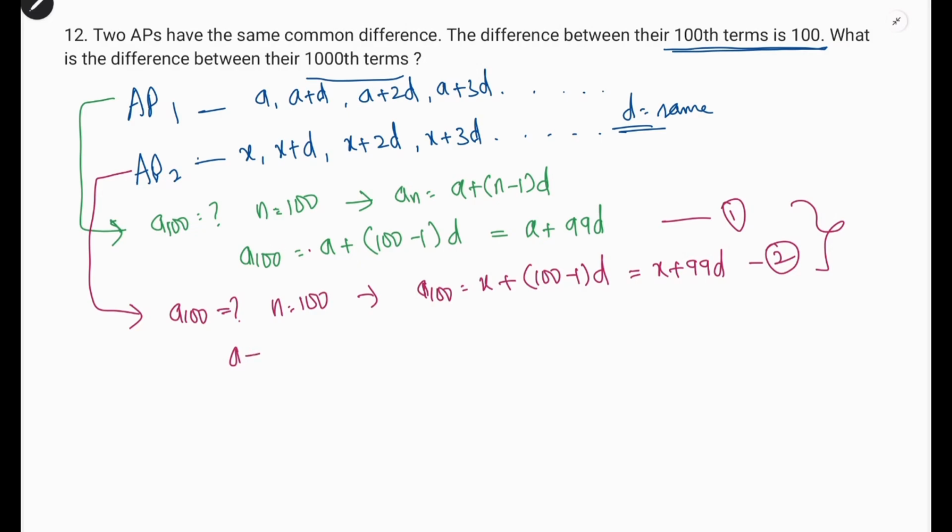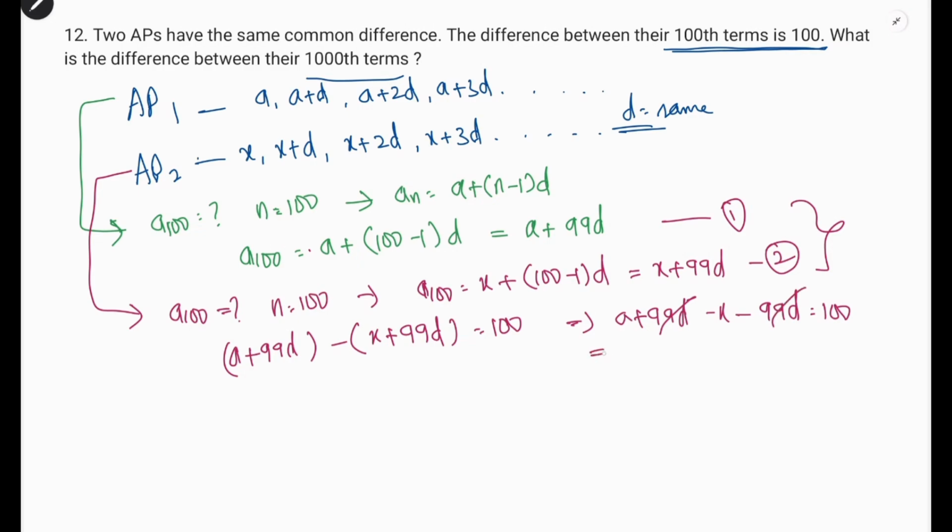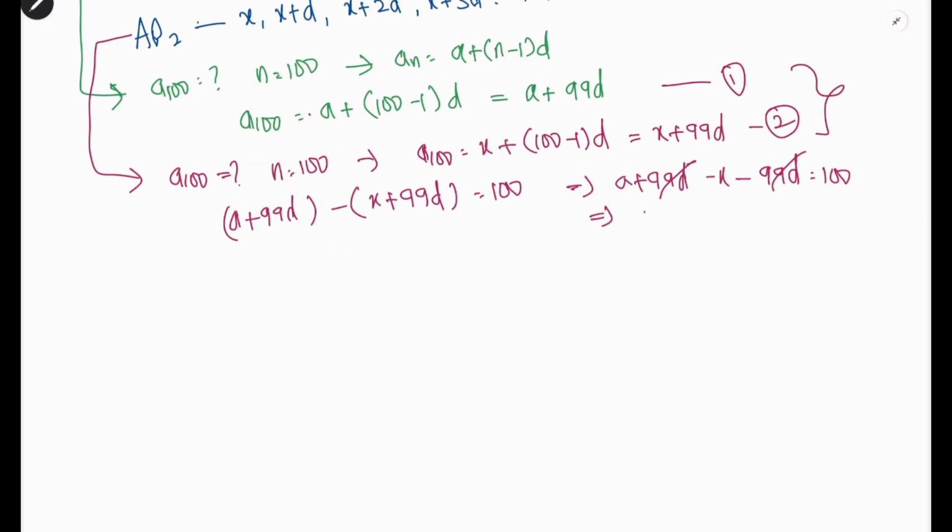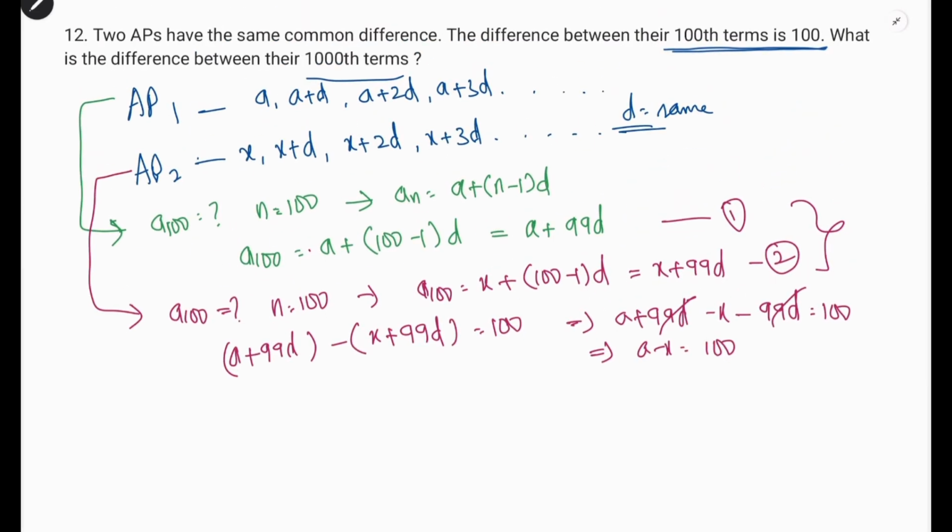So a plus 99d minus x minus 99d is equal to 100. Plus 99d minus 99d gets cancelled. Here you get a minus x is equal to 100. So the difference between the first terms is 100.